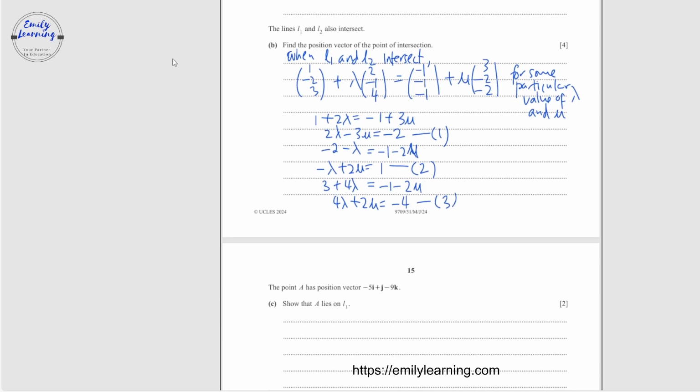So now I have these three equations, right? Most of your calculators should be able to do the simultaneous equation to solve for lambda. Okay, so use it and solve for lambda and mu.